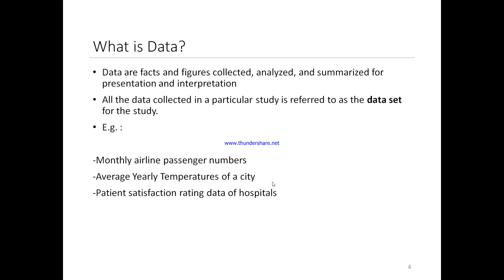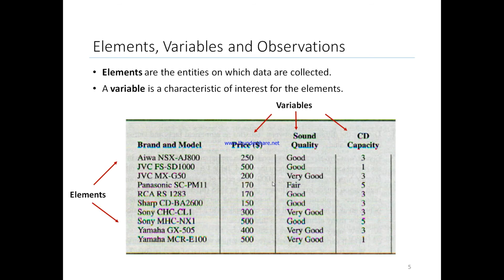All this information that we gather, we call data. And then I told you there are two types when it comes to a data set. We have elements. Just to remind you, if you are doing research about university students, then the students are the elements.